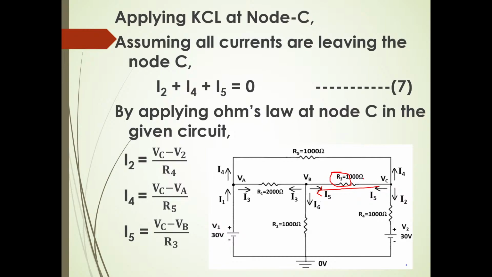So what are the terminals of R3? Vc and Vb are the terminals of R3. And since we are at node C, what is the I5 current? Vc minus Vb by R3 is our I5 current.